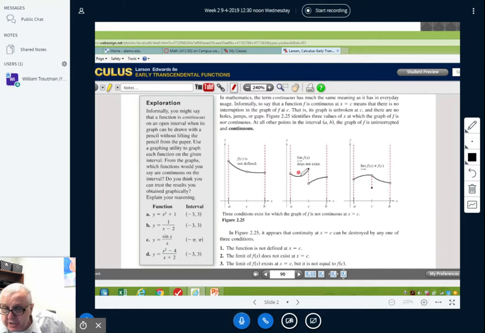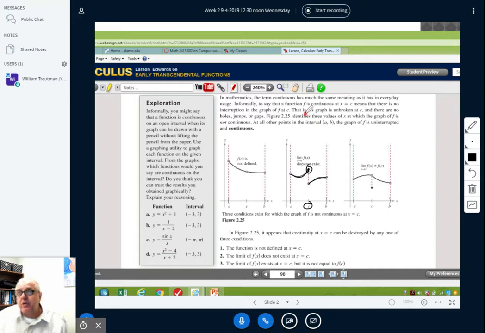Do you see, as you're approaching an x value of c from the left, the answer y is approaching this number. As you approach c from the right, it's approaching a different number. Do you see they're approaching two different numbers? So we say this function is not continuous because the limit does not exist.